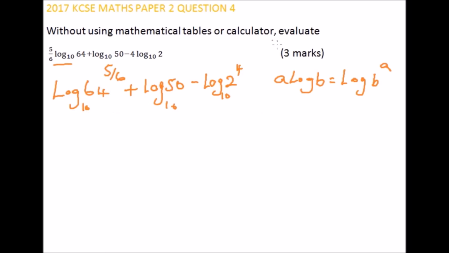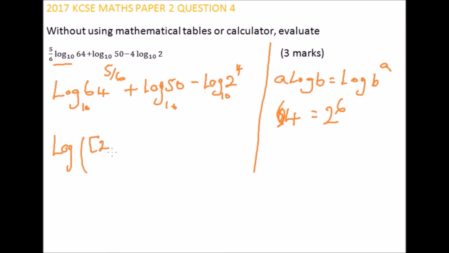Now you also know that 64 is the same as 2 to power 6. Therefore we replace 64 with 2 to power 6 and also apply the first and second laws of logarithm. So we write logarithm of, now instead of 64 we write 2 raised to power 6, raised to power 5/6.